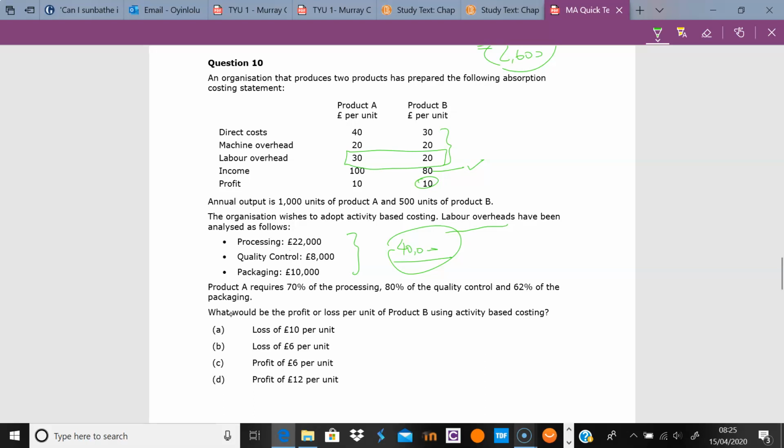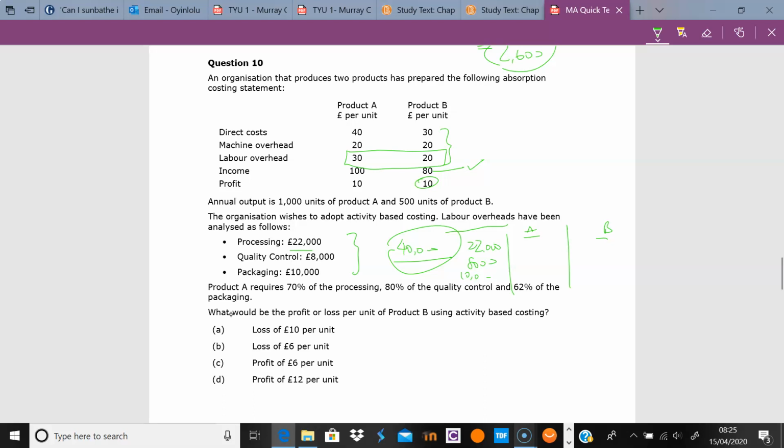So they're telling us that for this 22,000, 70% of it is for A, and therefore 30% is for B. So I guess the best thing I can do is call this A and call this B, and then just do it that way. So 70% of this 22,000 is for A, so I'm going to take 70% of that.